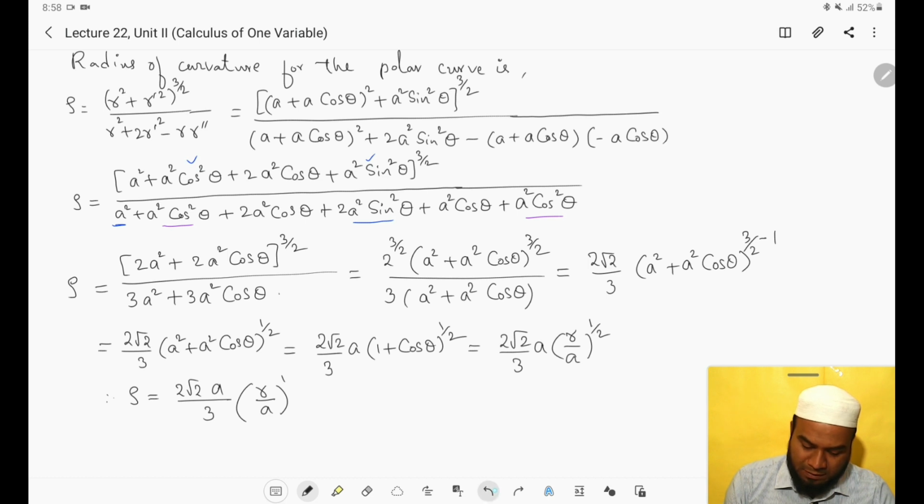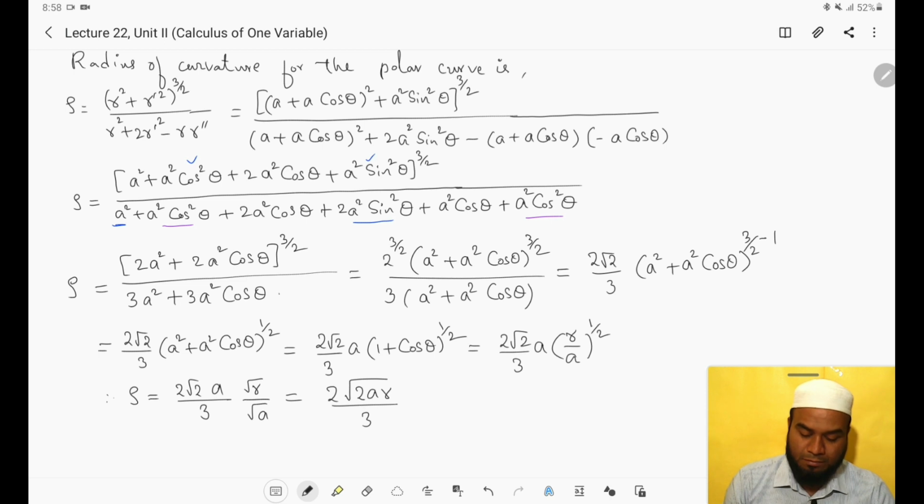What we can do is, see, 2 root 2 a by 3 as it is, then r power 1 by 2 is root r by root a. So this will be equals to, what we'll get here? 2 square root of 2 a r by 3, right?